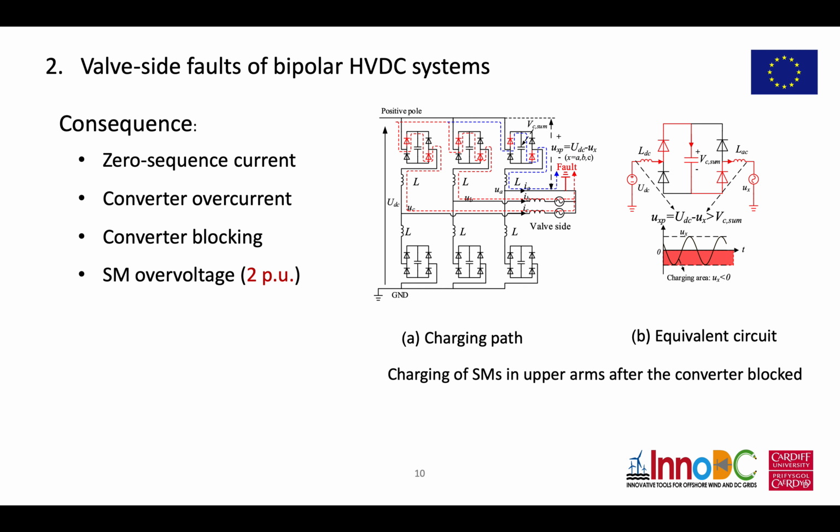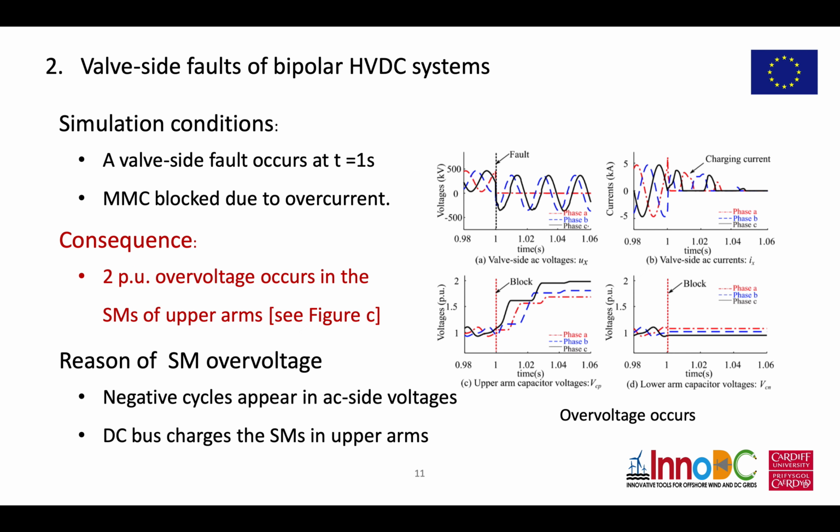But after the MMC converter is blocked, the DC bars will charge the capacitors in the upper arm sub-modules. In the most severe conditions, the sub-module voltage can be charged to 2 per unit, which is a very severe consequence for the MMC converter.